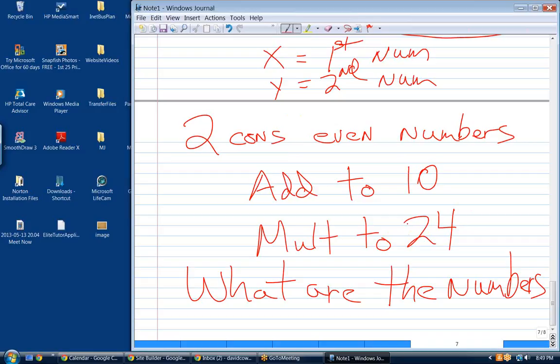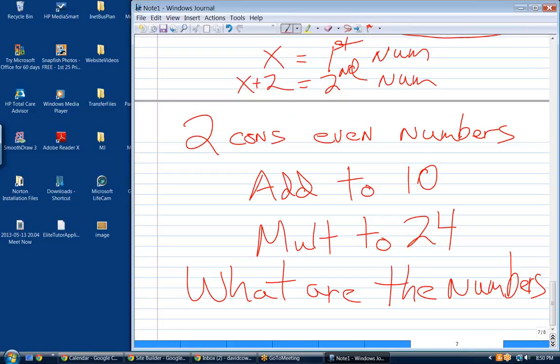Well, if I let x be my first number, I could let y be my second number, but I don't really need to introduce a second variable. What's my second number got to be? If it's two consecutive even numbers, the second number's got to be x plus 2. So there's my two numbers, x and x plus 2. That's what consecutive even numbers means.